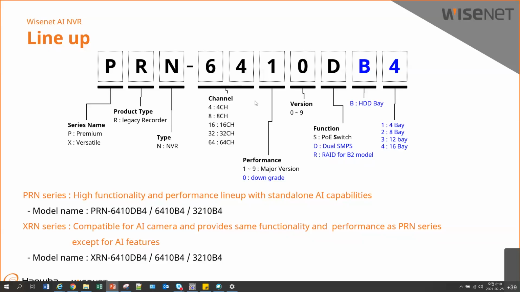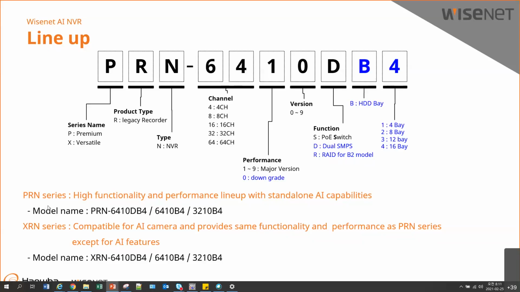And at the end, B4 means you can multiply by 4 to get how many hard drive slots you will have. So bay 4 means bay 16. And we're going to have two series, which are PRN and XRN.